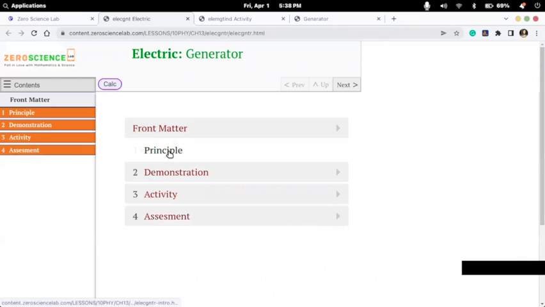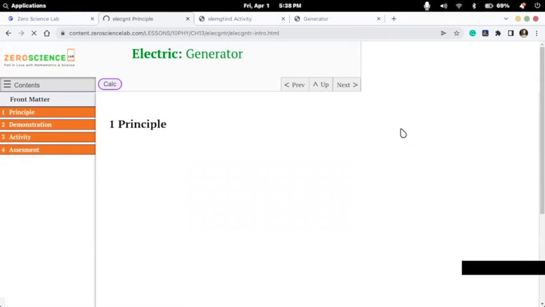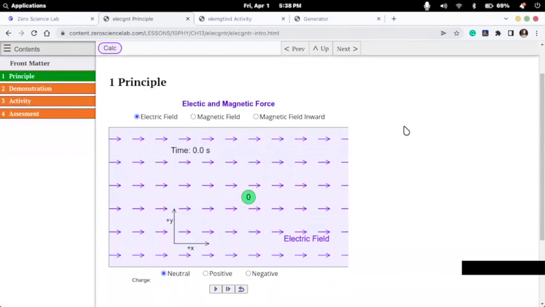The same continuation of the same concept, right? We are using the same concept or same principle here, and then you just watch.